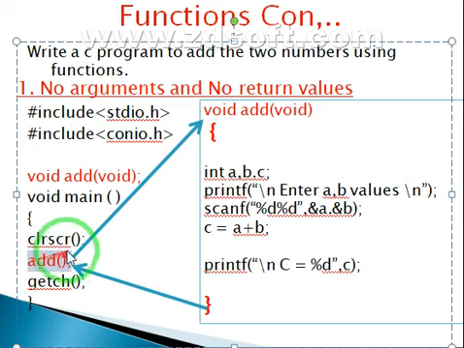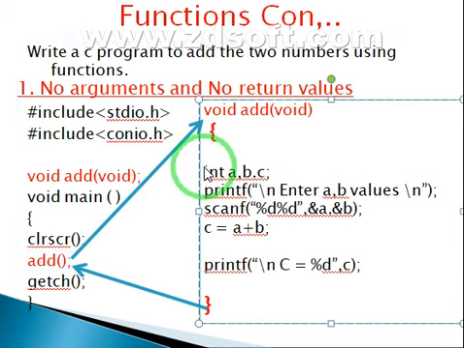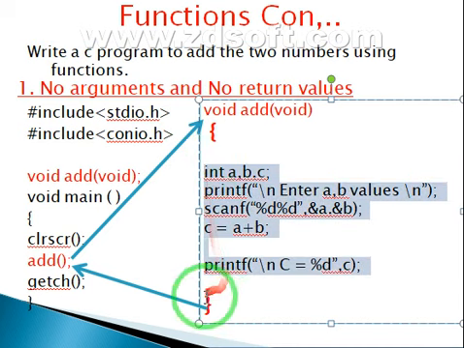Whenever I call the function, execution control moves to here. Okay, then it is going to execute the block of program, this one. Okay, after executing this one, the control returns back to here.